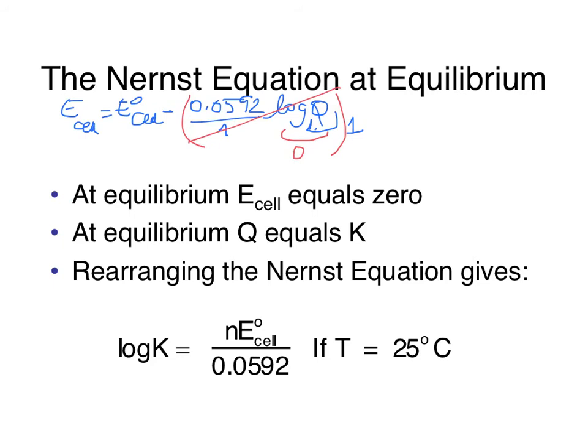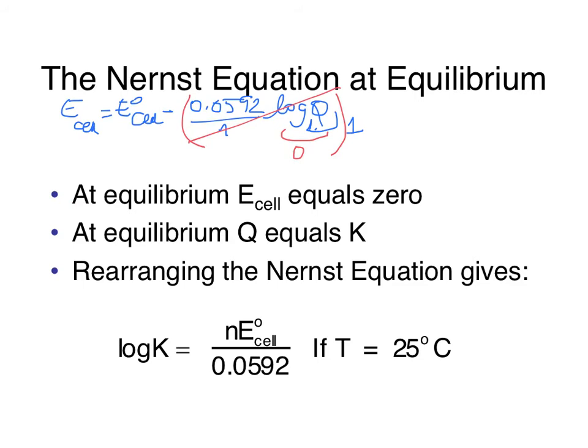So if you have an equation in which your reactants and products are equal, the value of Q is 1, and you're going to get the same E cell as E naught cell.